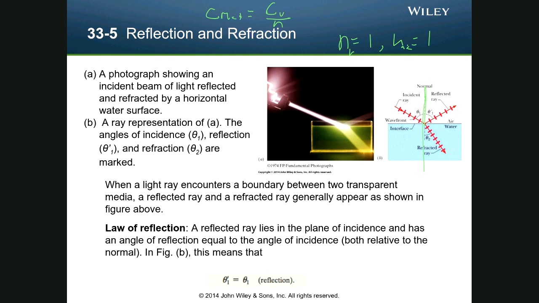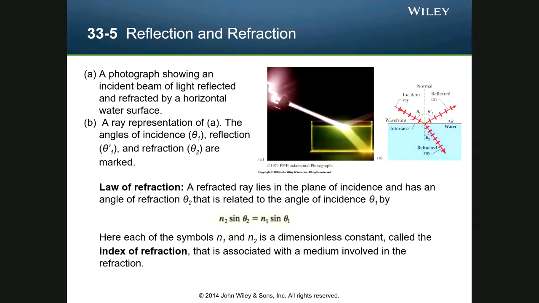But now where things get a little more complicated is this refracted angle. We can use something called Snell's law, which is this expression here, to figure out the angle of refraction.